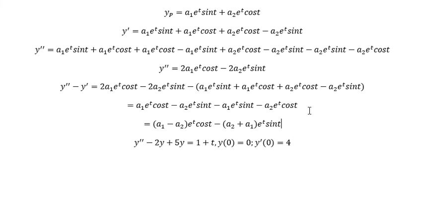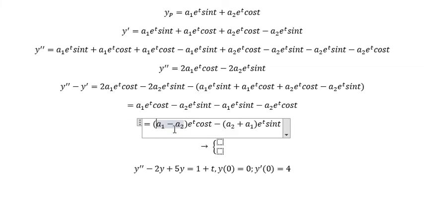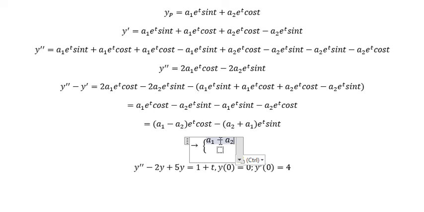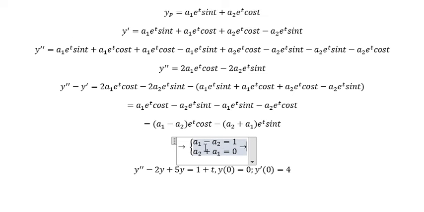Now we create the system of equations. So we have this one in here equal to number 1, A2 plus A1 equal to number 0. So we find A1 and A2.